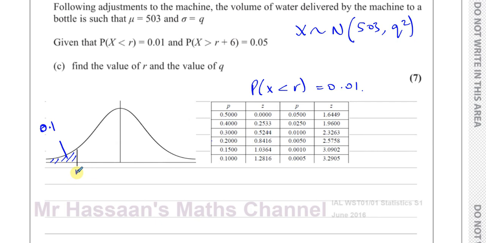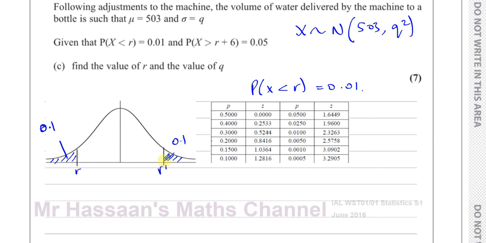We know that this z value is going to be negative, right? These are only positive values of z, and these are the probabilities to the right of those z values. Because of the symmetry of the curve, there's going to be a value on this side which is a positive version of r, let's call it r dash, such that this area will be 0.01, and the value that we find here, we just have to put a negative sign in front of it because we know it's going to be symmetrical on the other side.